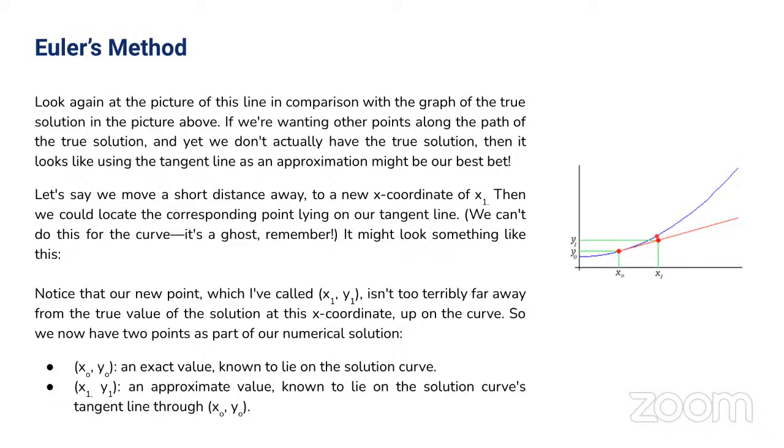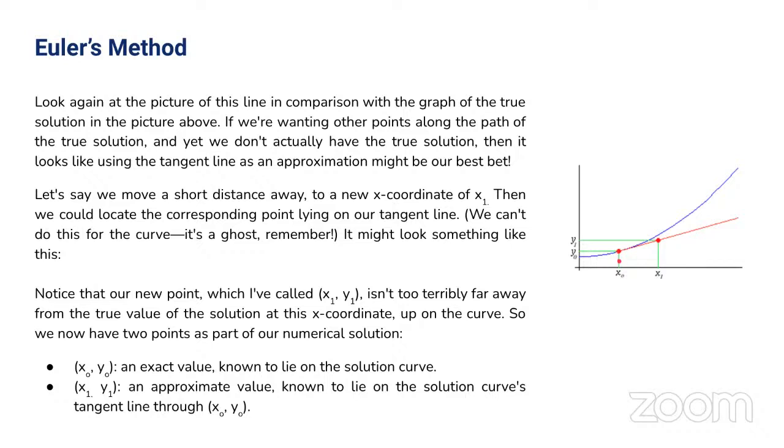Now our new point x1, y1 is not necessarily far away from our true solution. And at this point, we know two values of the solution of our differential equation. The first value is the exact value, which was provided as our initial condition. And the second value is our x1, y1, which is an approximate value and lies on the tangent to the initial value that has been provided.